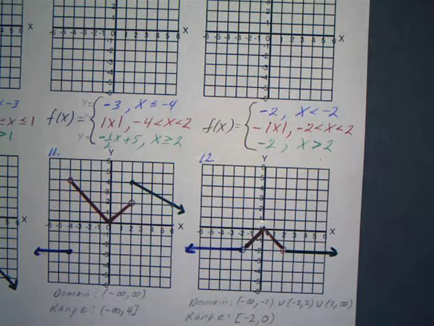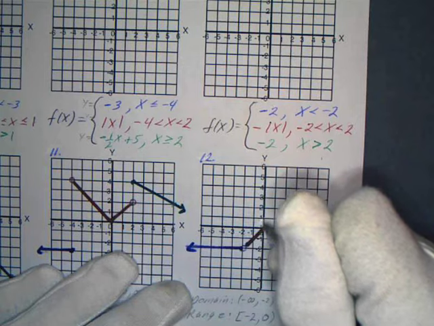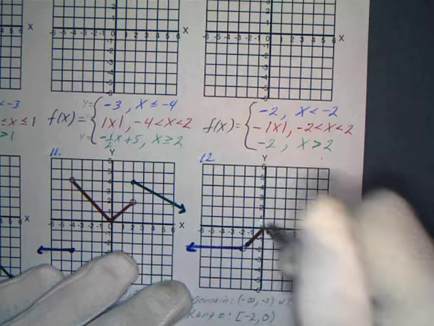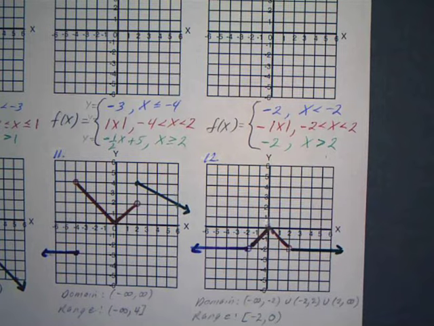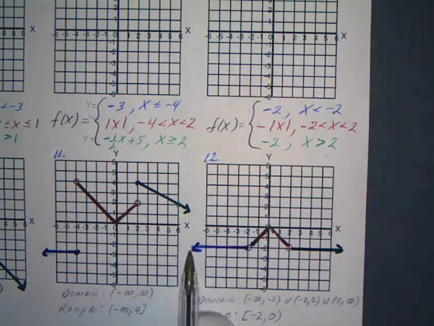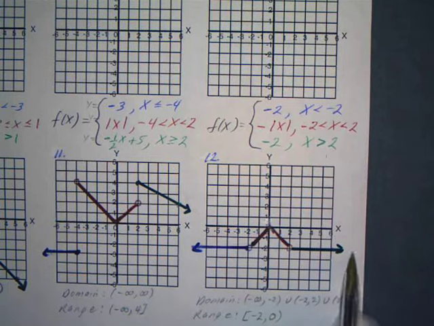Alrighty. Try to fill that in so it's a little bit more like it will look like before my faux pas. And there we go. So it looks like the domain is going to be negative infinity to negative 2, then negative 2 to positive 2, then 2 to infinity.